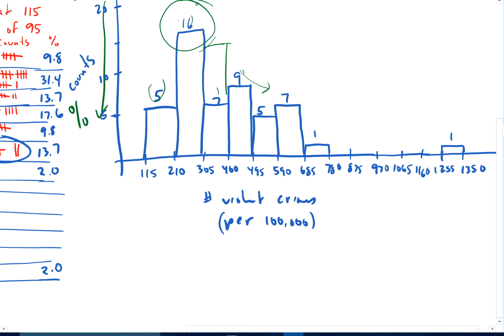It's only because you have this. So for sure it's unimodal. At this point, if you called it skewed, I'm okay with that. But just recognize, just because I put one big tall one doesn't mean that it's completely skewed that way. It does start to tail off a little bit here and here, but this is an outlier for sure. And we don't have a tendency of it all going down like that.